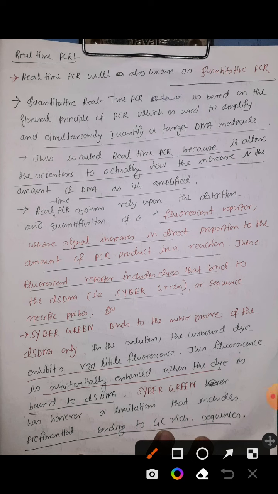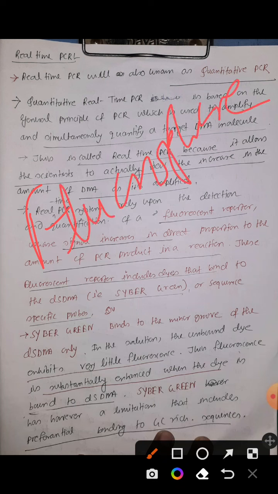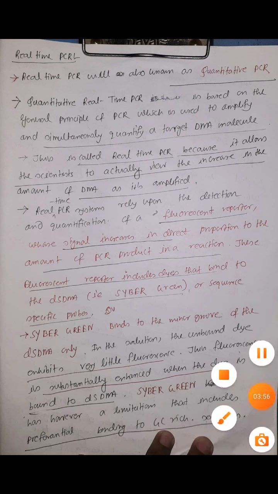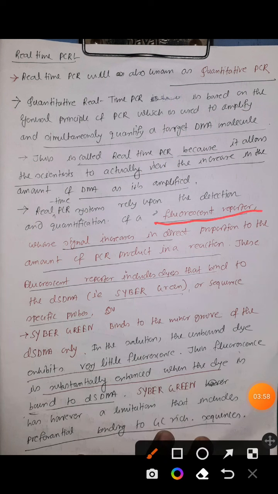Is there any kind of machine or anything else? The answer is, as usual, we are using fluorophores, or fluorescent reporters. With the detection and quantification of this fluorescent reporter, we can quantify the amount of our target DNA molecule.